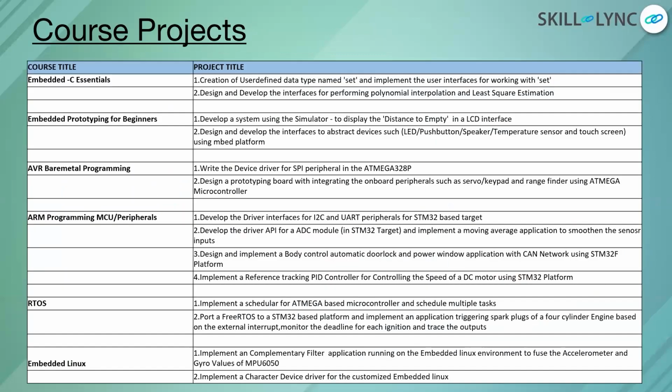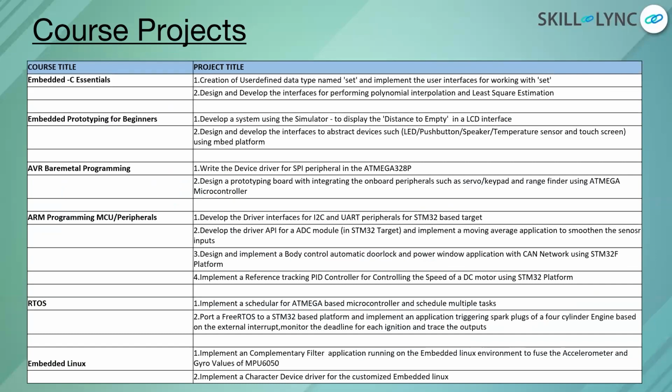So typically, if you want to do proper embedded system learning, one can start with this kind of course titles. You need to know embedded C essentials, then you need a proper understanding of embedded prototyping.